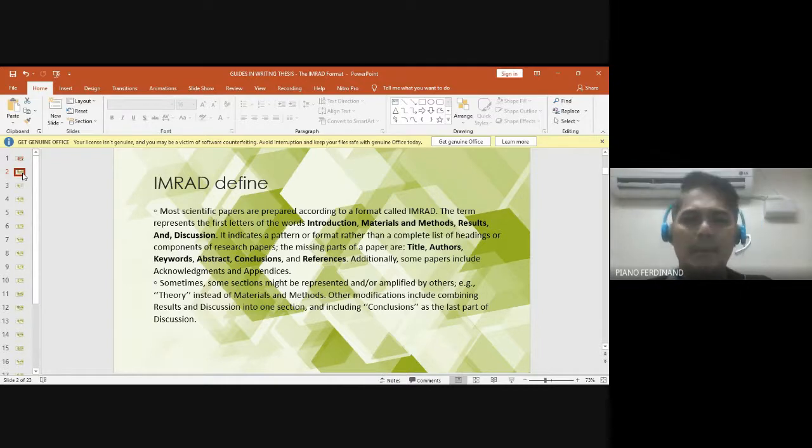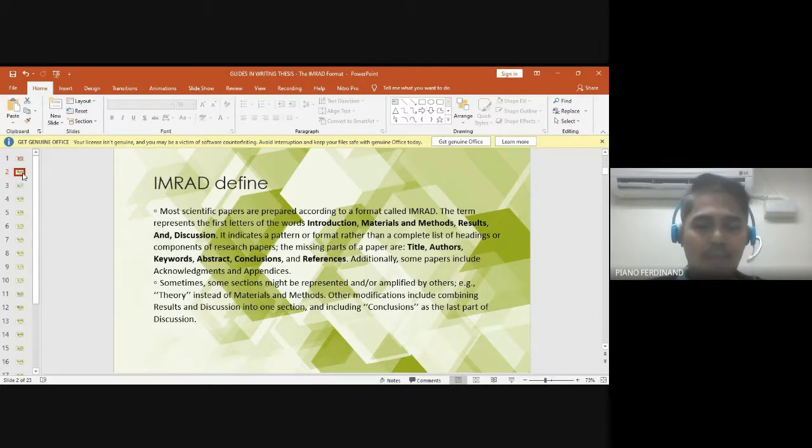Pero actually depende rin po yung kabuuang part ng isang IMRAD research paper doon sa journal, research journal or publication na inyong pinagpasahan, or ni-request niyo, o inilaban niyo, para i-include yung inyong research sa kanilang research journal.